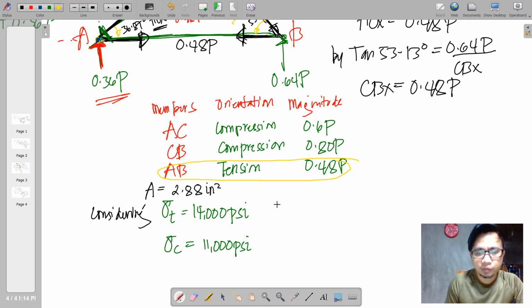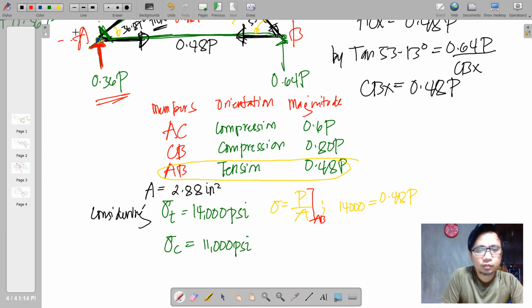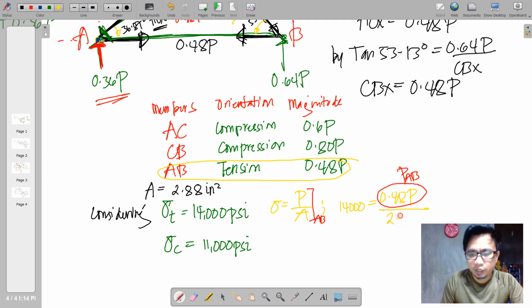So therefore, by simple formula, sigma is equal to P over A. Okay, we have 14,000 for the allowable, and then the magnitude of PAB is 0.48 P. By the way, just place here for AB. So this one is actually PAB, and then area for AB is 2.88, the same for all the areas.